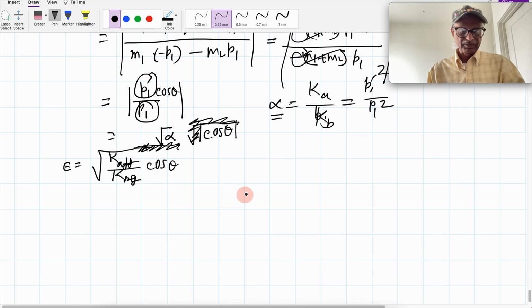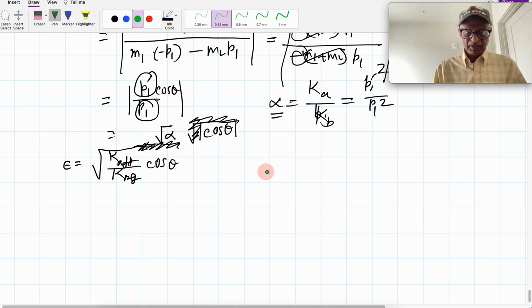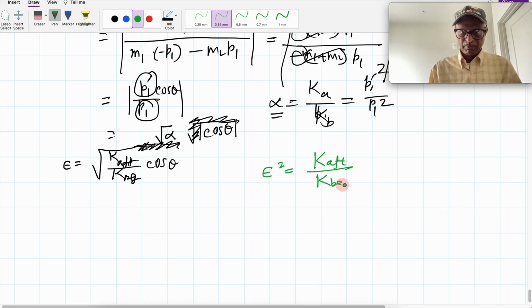So epsilon square is actually related to k after over k before times cosine square theta.